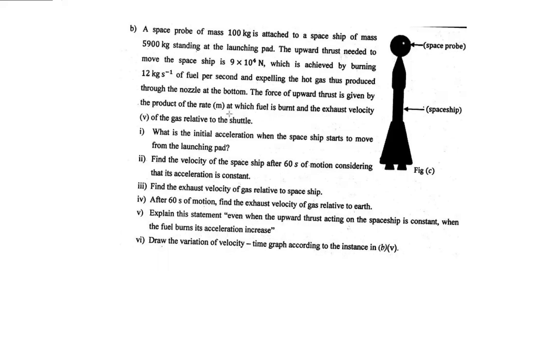Force of upward thrust is given by the product of the rate at which fuel is burned and the exhaust velocity of the gas relative to the shuttle. So this is an important equation. They have given that already here.